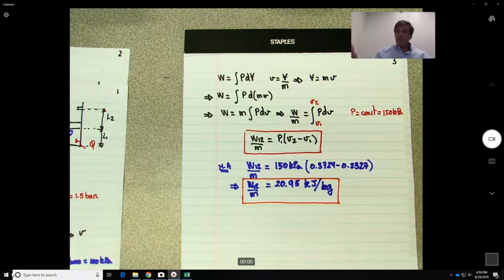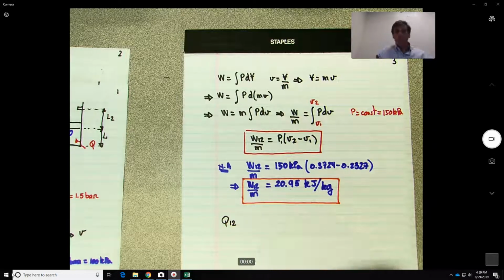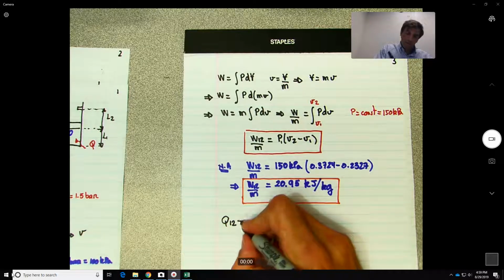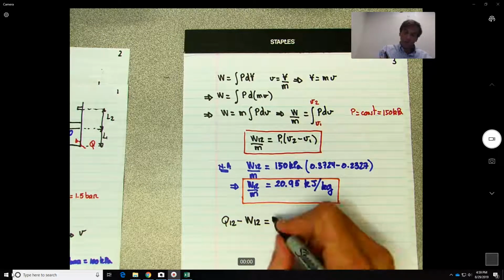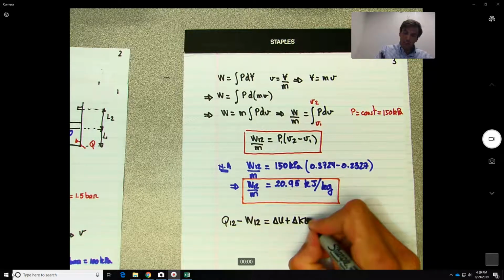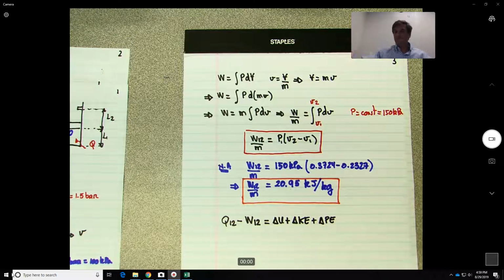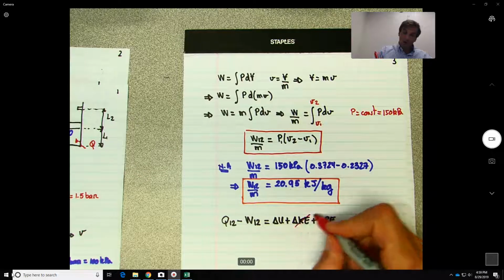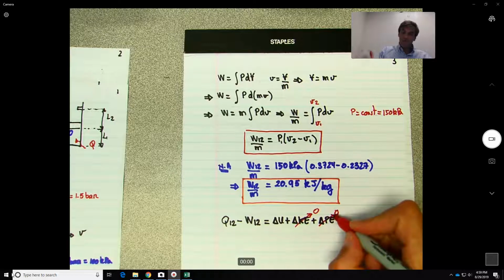All right, so we found the work. Now we need to find the heat transfer between 1 and 2. In order to do that, we're going to use the first principle of thermodynamics, which is heat minus work equal to change in internal energy plus change in kinetic energy plus change in potential energy. In this problem, we can neglect the kinetic and the potential energy.